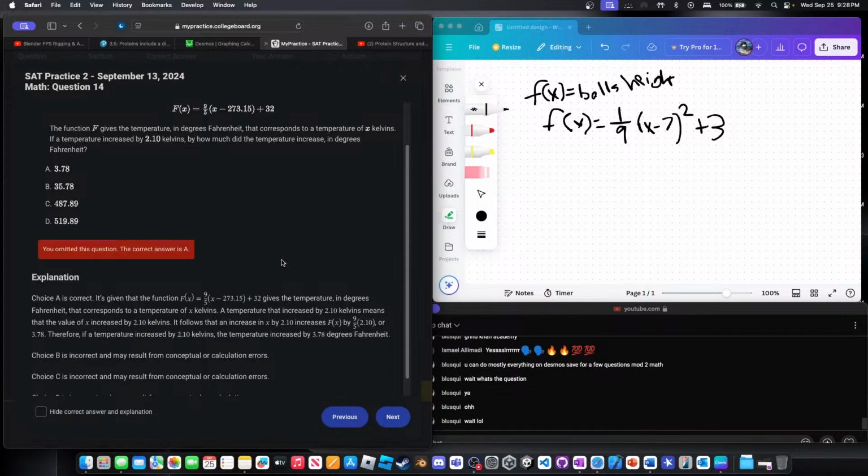What? It follows that an increase. Yeah, we want to see how much it increases. And it literally says if a temperature increased by 2.10 kelvins. No. Wait.